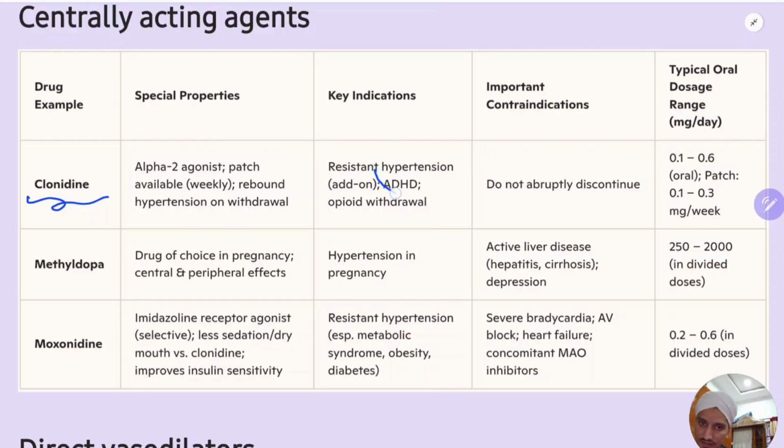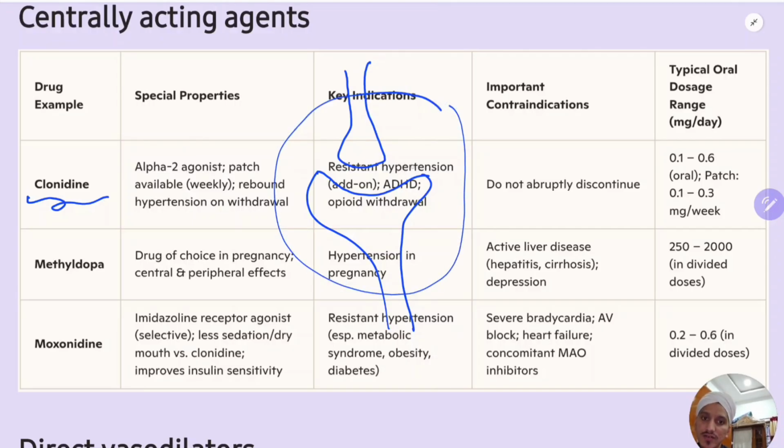So if this is a neuron, and this is a synapse. This is the synapse. Alpha-1 receptors are situated post-synaptically, whereas alpha-2 receptors are situated here.